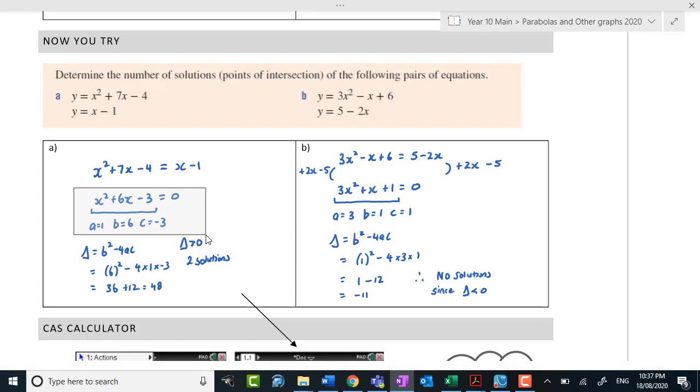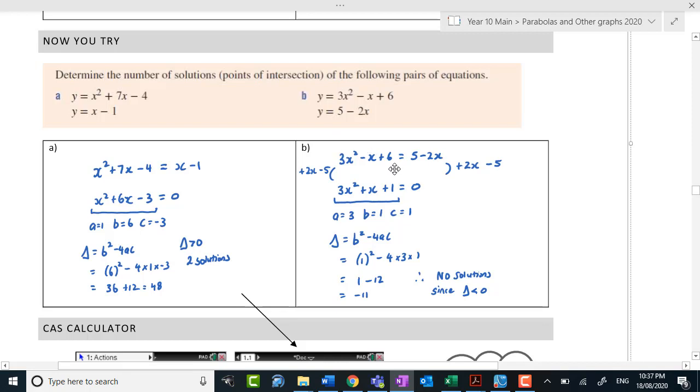If we're asked to find an intersection, we'd go ahead and find it, but would we need to if there's no solutions? Obviously not. So the first step is to use that discriminant. Here, the discriminant is 6 squared minus 4 times 1 times minus 3. That becomes 12 plus 36 is 48. So as you can see, the discriminant is greater than 0. So there are 2 solutions.